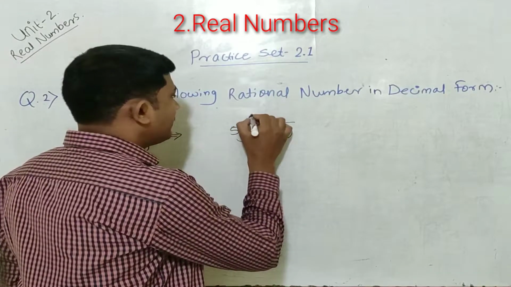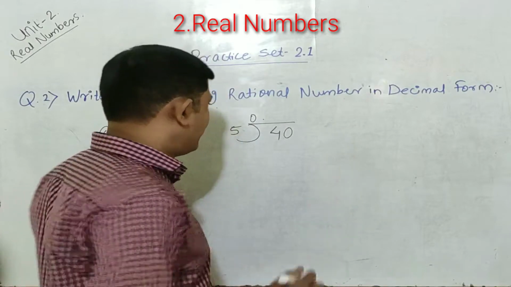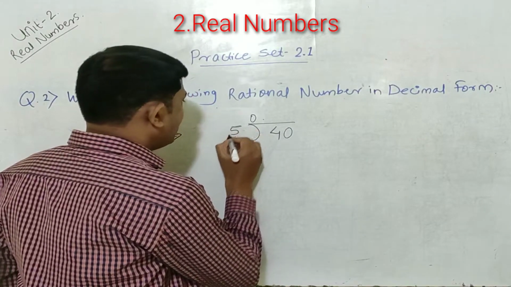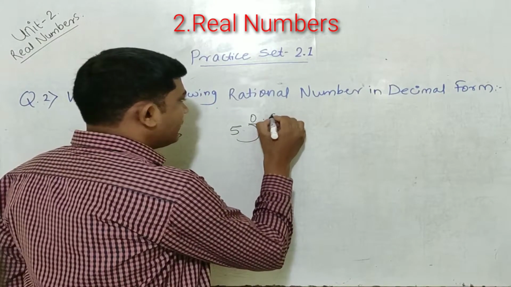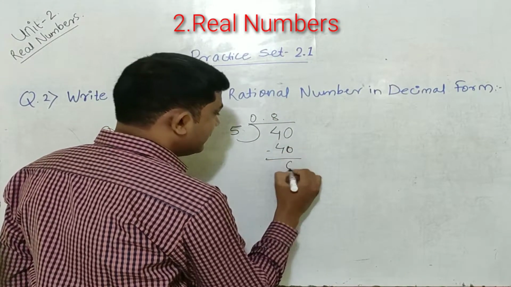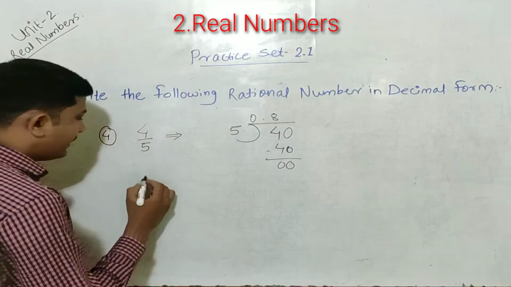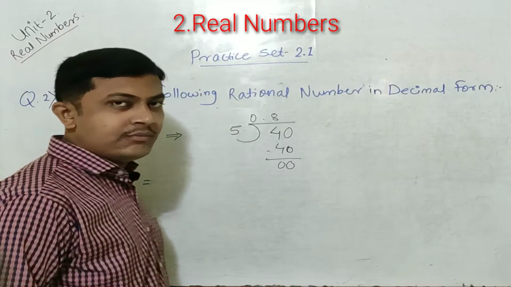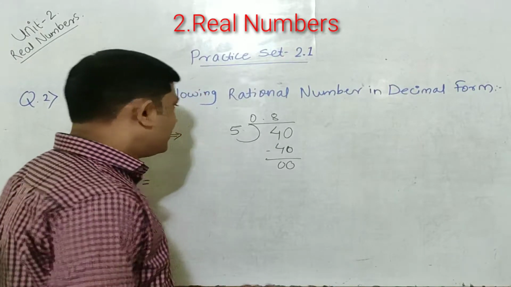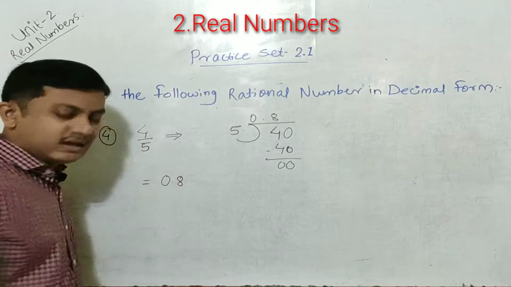If you give here decimal point, the value of the 4 changes to 40. Then 5 8s are 40. Remainder is here 0. Means what? It is a terminating one. If we divide 4 by 5, the decimal expansion will be 0.8, which is terminating.